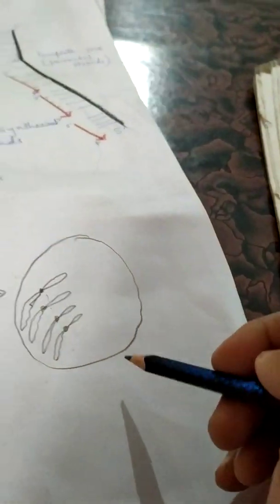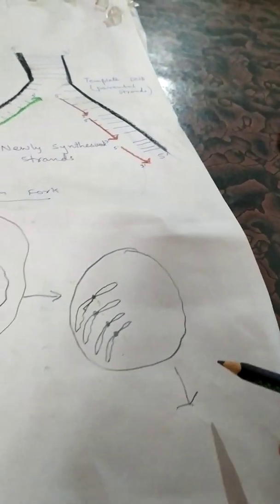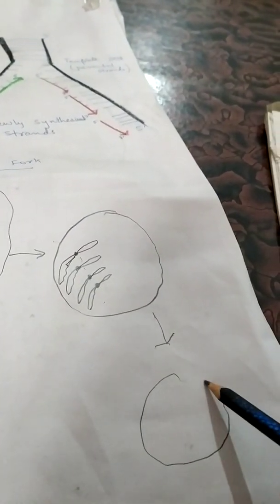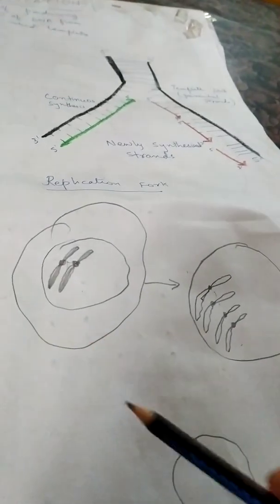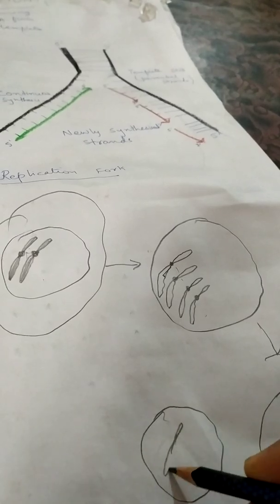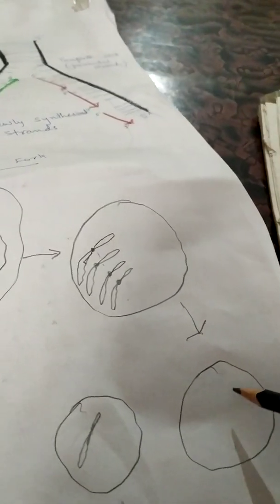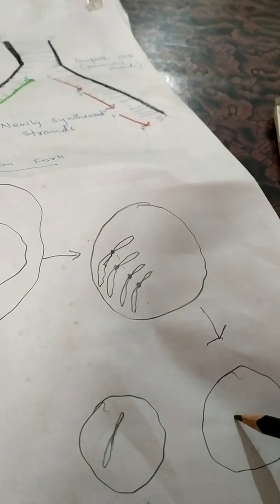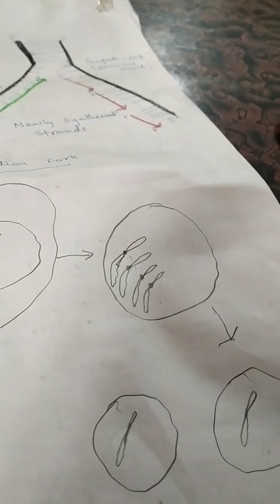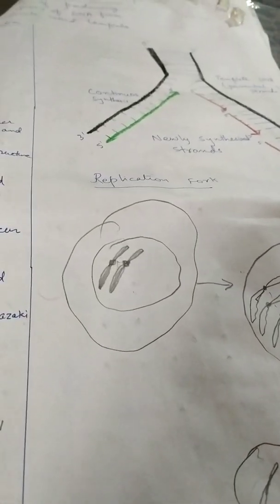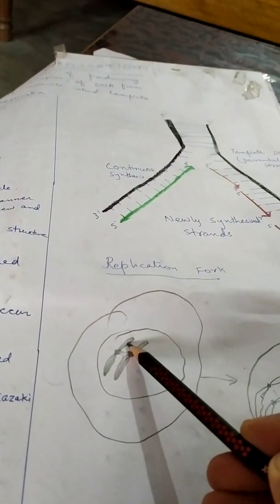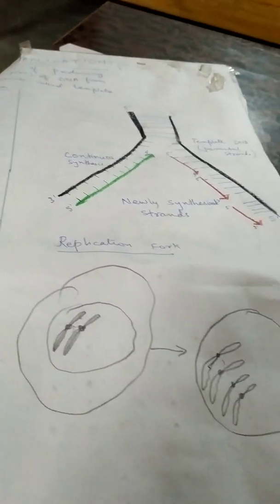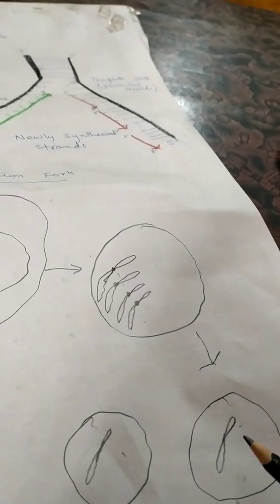At last what will happen? 2 cells will be produced. So in one cell there will be 1 chromosome, and in another cell there will be another chromosome. Again, this chromosome is divided into 2, and at last they are separated into these 2 cells.